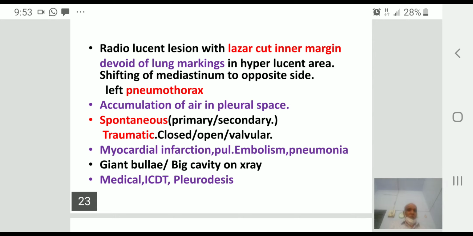Traumatic pneumothorax is of three types: closed, open and valvular.